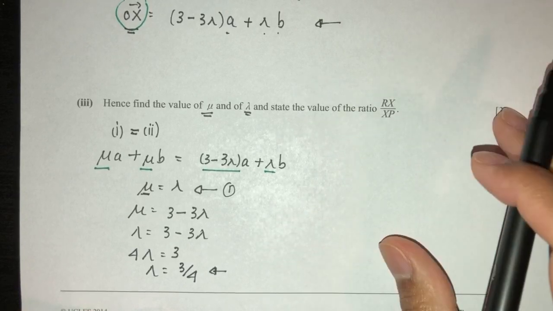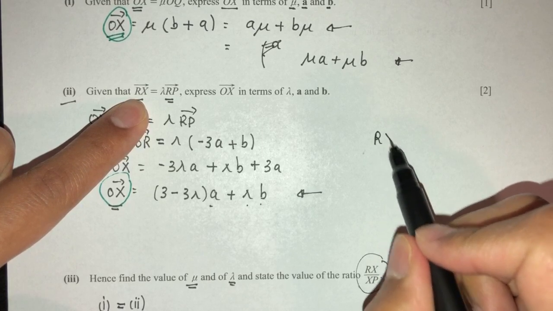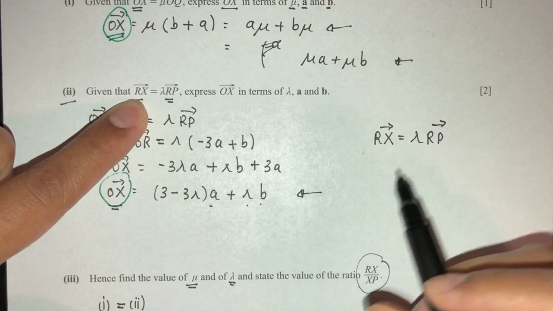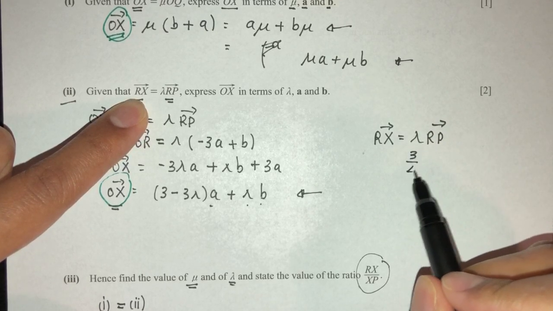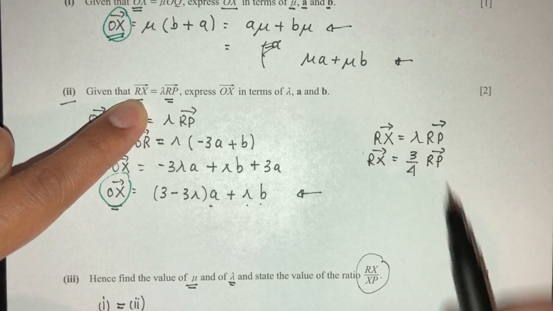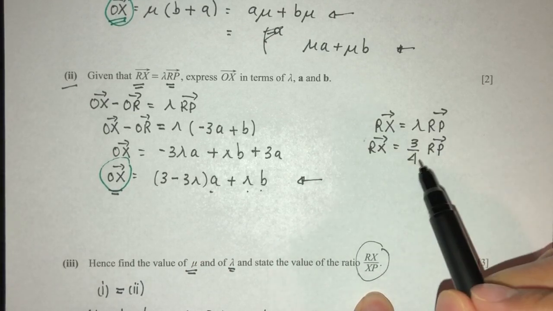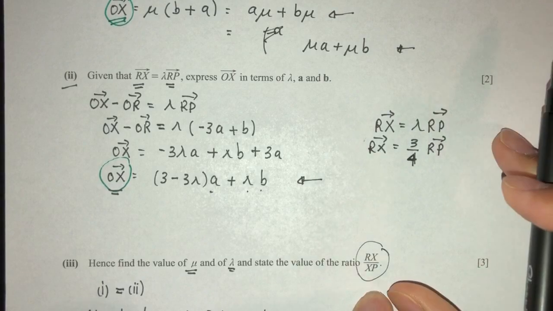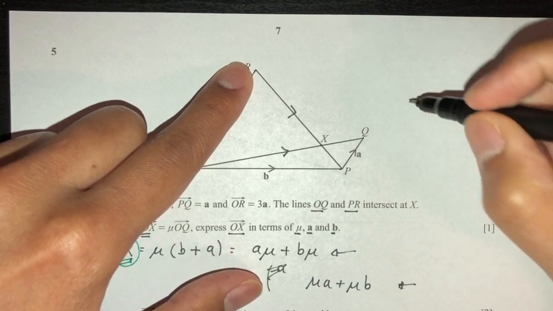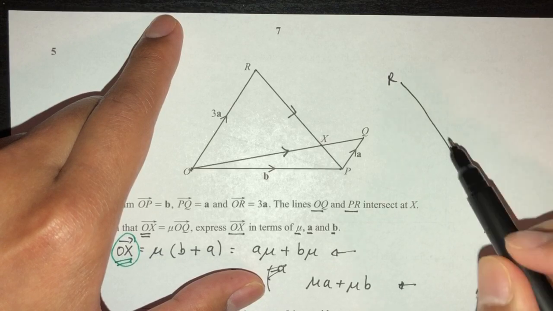Okay, so now we have to find this ratio. If you observe here, we have RX equal to lambda RP, so RX is 3 over 4 of RP. Now you want to find the ratio of RX over XP. If you look at the drawing, you will see RP is this big line, and X is right here.